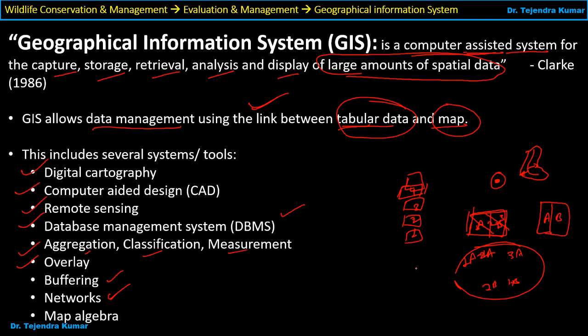These kinds of networks can be made. So there are many networks, and we are analyzing by the different signs which are there, and we can find out the tracks, the roads, and many more things. So networks are more important. Map algebra: on the basis of mathematics, if we are analyzing the map, this is very helpful.